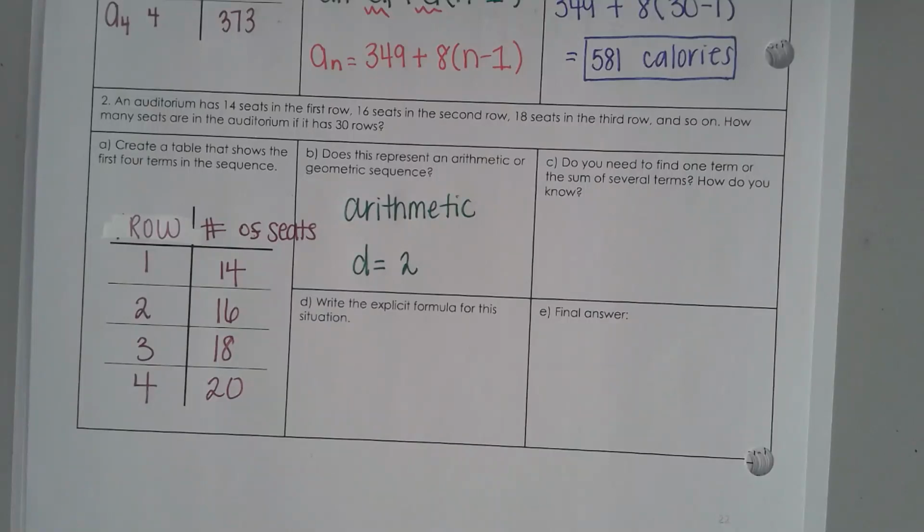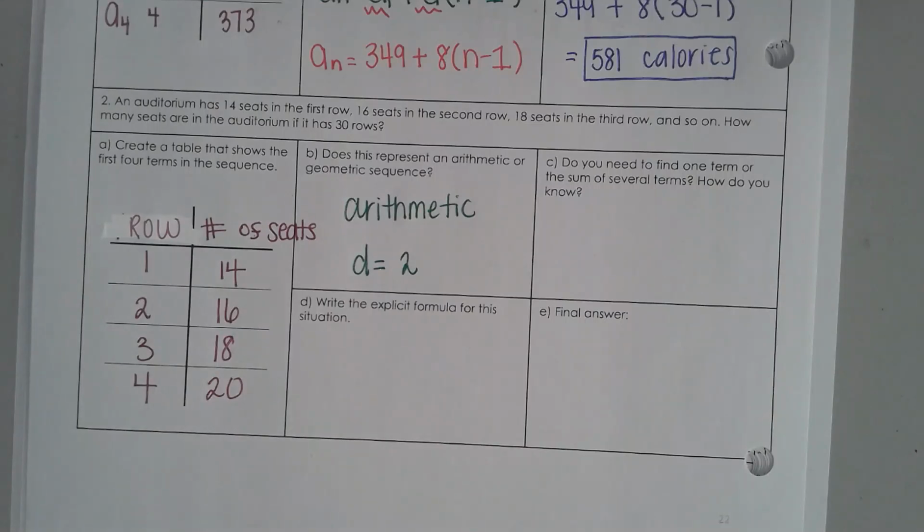And it does tell us up there the auditorium has 30 rows. So are we looking for the 30th term, or are we adding terms 1 through 30? You're adding terms 1 through 30. Just the 30th term would be just how many seats are in that row. But we want to know the whole auditorium.